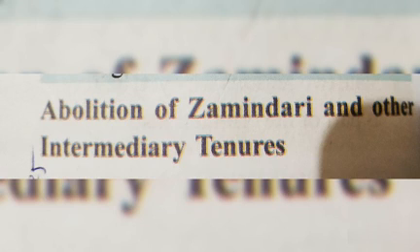All landowners were to pay the taxes directly to the government. They don't need to pay taxes to other people, the landlords or zamindars. They have to pay directly to the government.